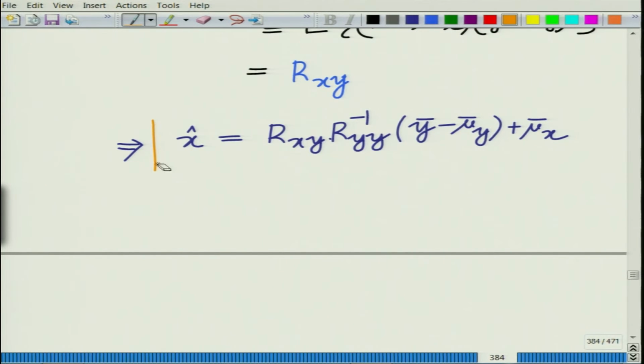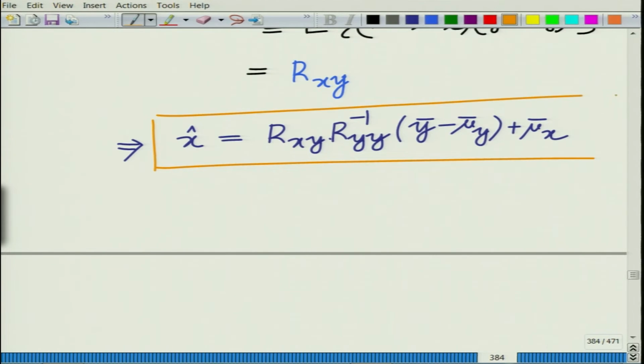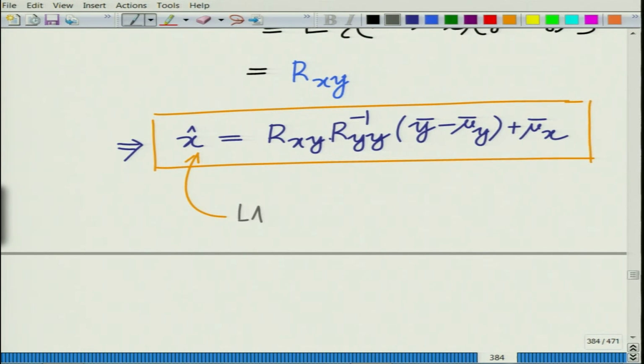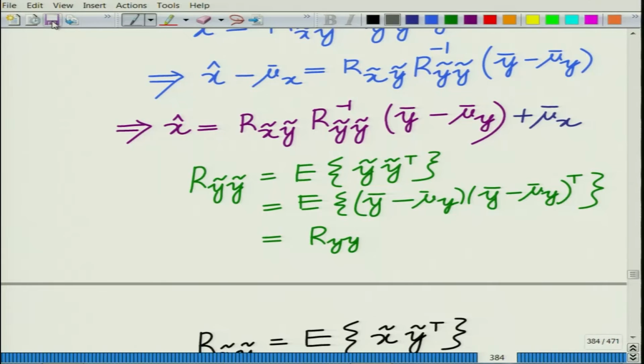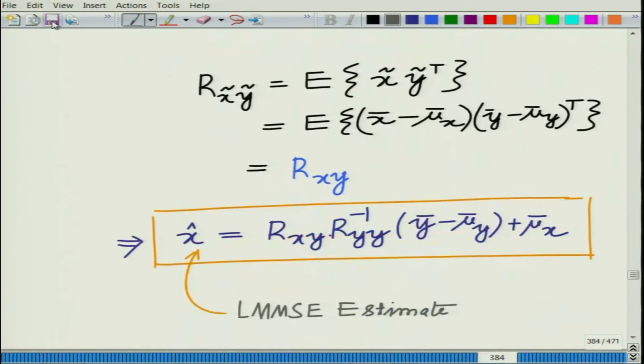This is essentially the expression that one obtains for the LMMSE estimate.